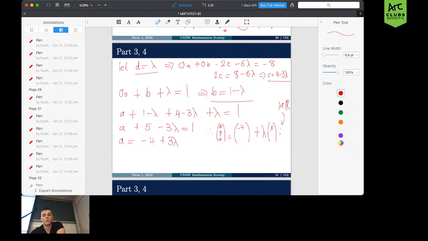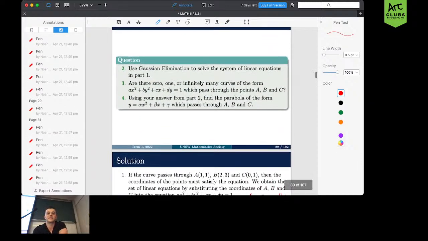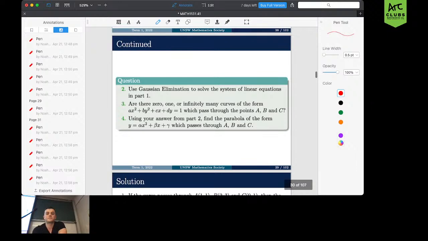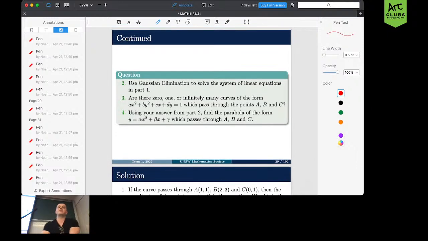B is 1 minus 1 lambda. C is 4 minus 3 lambda. And D is 0 plus 1 lambda, right? Just lambda. Okay. Cool. So that's essentially solving the system.